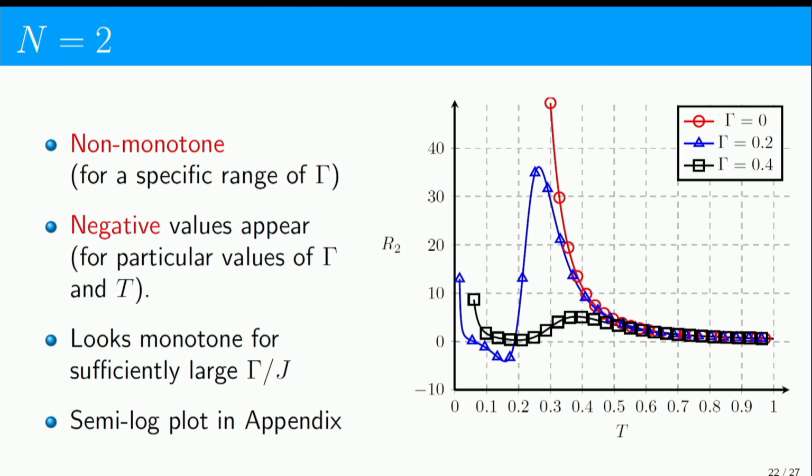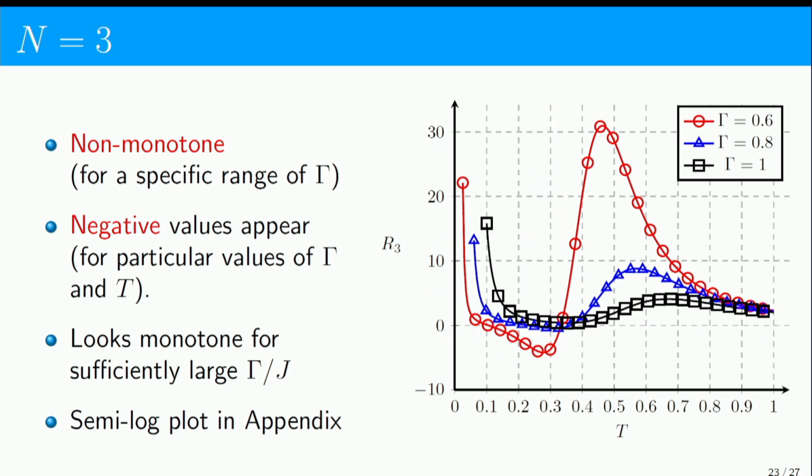The answer for n equals 2 is that you can see the scalar curvature is apparently non-monotone with respect to the temperature for a specific value of transverse field, and it can have negative values for particular combinations of transverse field and temperature, for example around here. Let me show you the case of n equals 3.